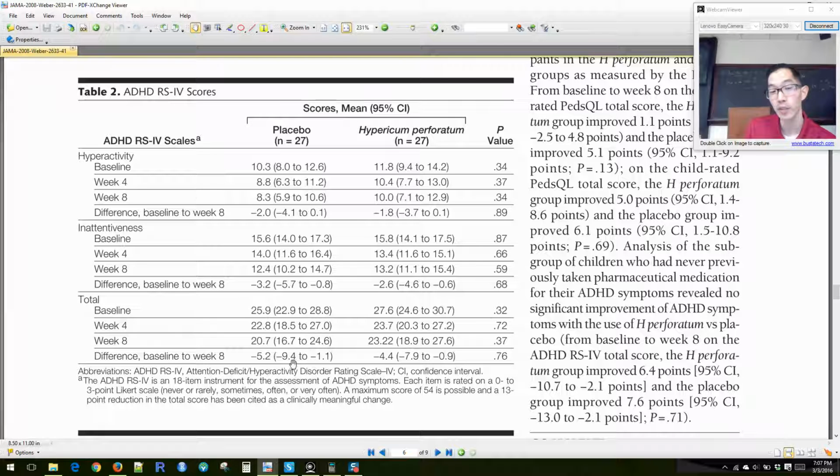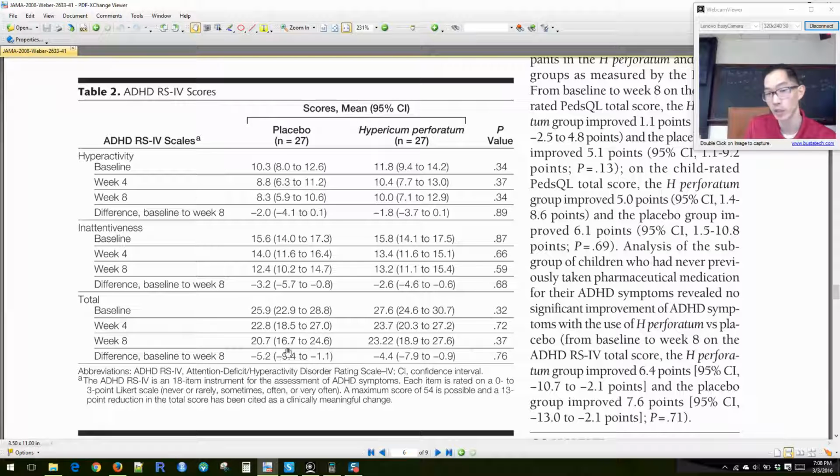That would mean, is this negative 5.2 significantly different from 0, or is there a significant difference from 25.9 to 20.7? And the answer is yes, okay? Because 0 is not in our interval, so we have evidence that the placebo made a difference between baseline and week 8, a non-zero difference.